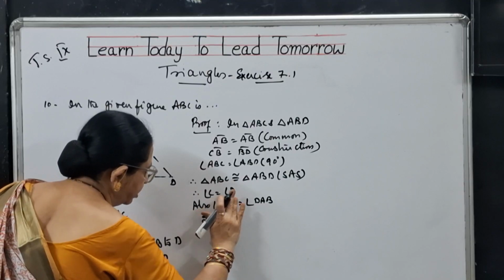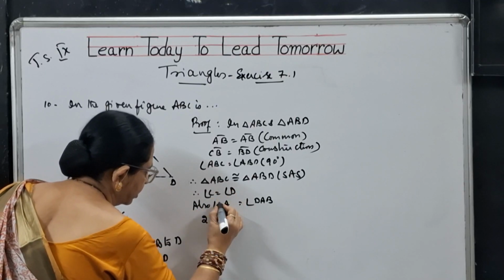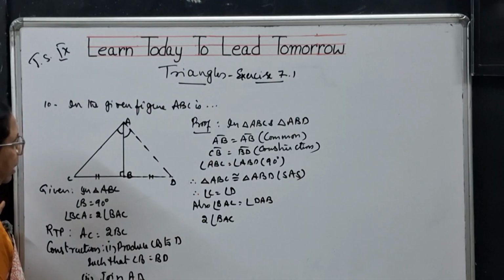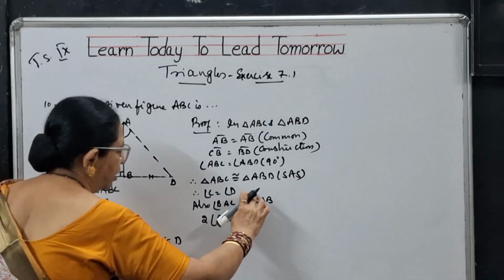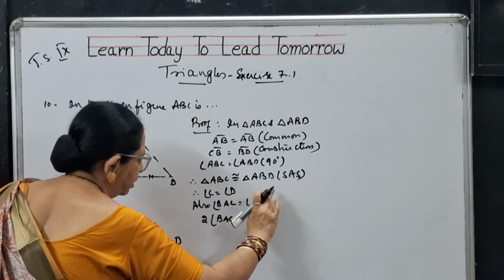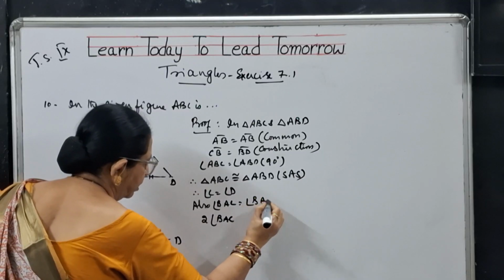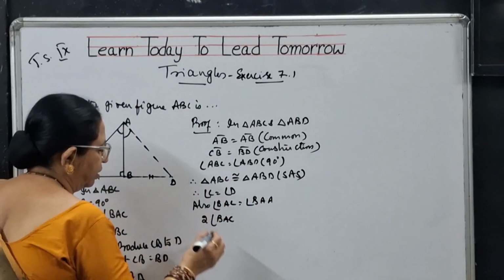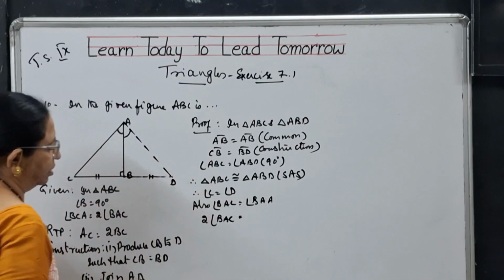Angle CAB, let me write here also for your convenience sake. Angle BAC is equal to, I'll write this also as angle BAD only. So 2 times angle BAC will be equal to what, children?